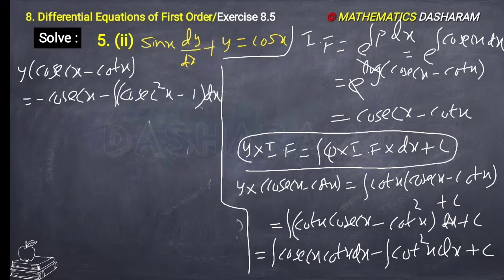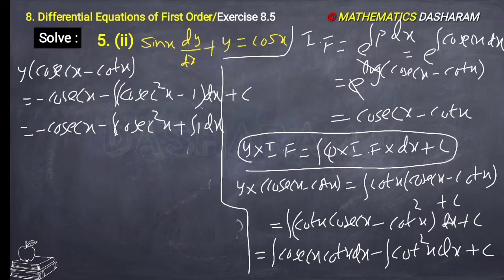dx plus c. So it is equals to minus cosec x, here minus integration cosec square x, minus into minus plus, integration 1 dx. So it is minus cosec x minus integration of cosec square x, which is minus cot x, and integration 1 dx is x plus c.